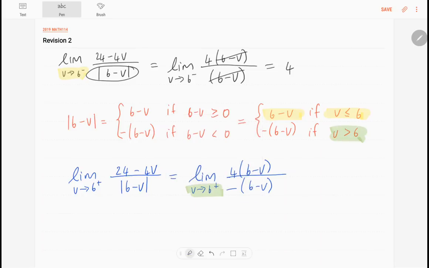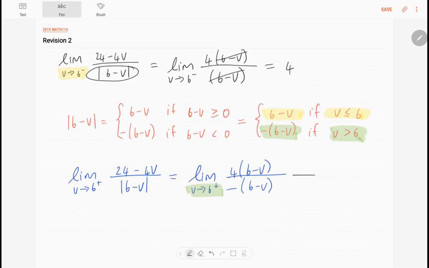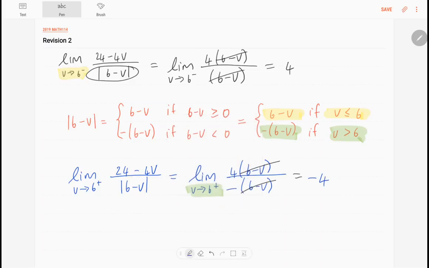So we have this case here. So our limit is now going to be the limit as v approaches 6 from the right, which is therefore going to be minus 4.